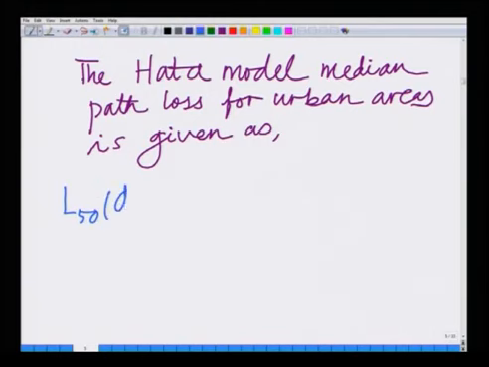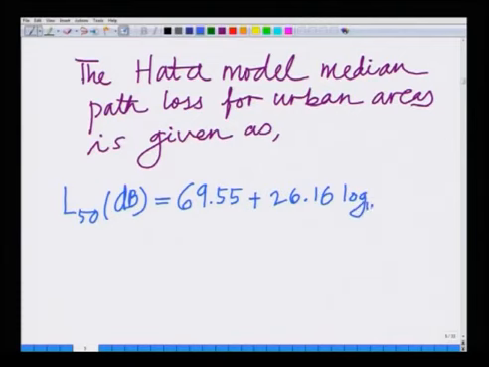The median path loss L50 dB is 69.55 plus 26.16 log 10 carrier frequency in megahertz, minus A HRE. I am going to describe these terms shortly.